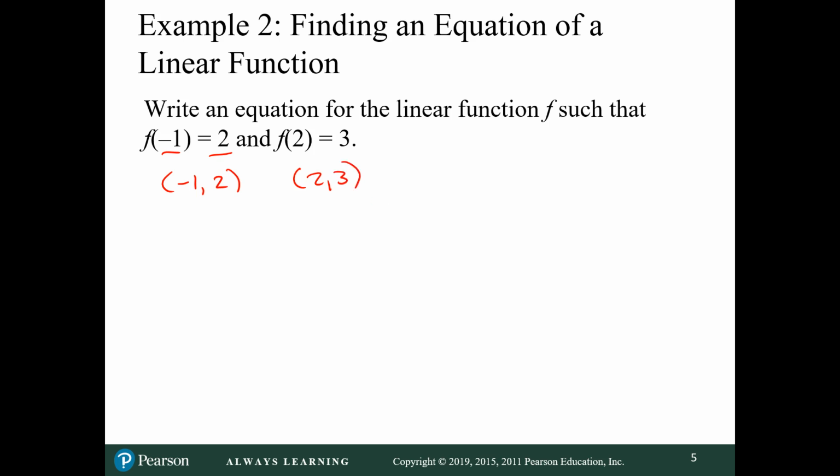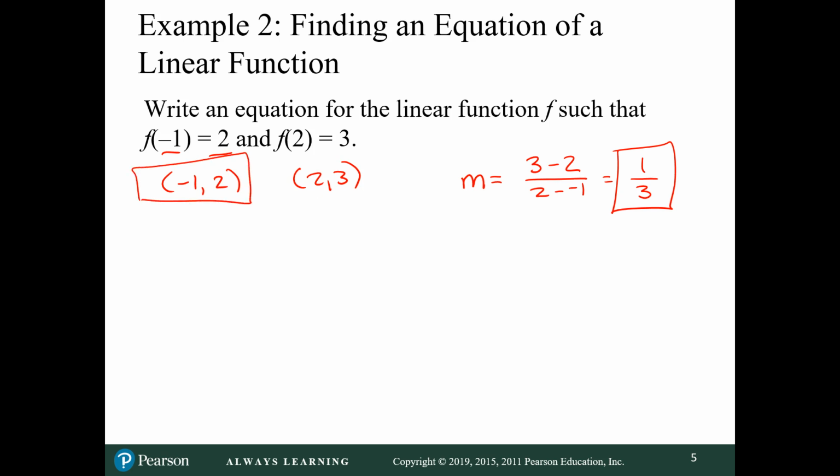How do we write an equation? Well, first we find the slope. Well, how do we find the slope? Well, you go y2 minus y1 over x2 minus x1, which is 1 over 3. There's my slope. Here's my point.